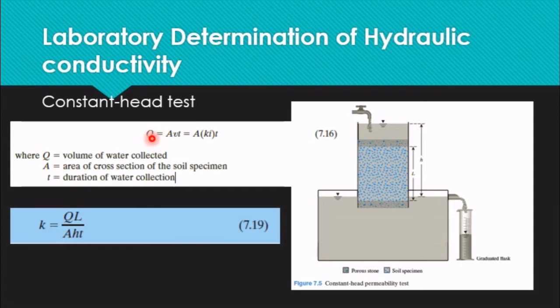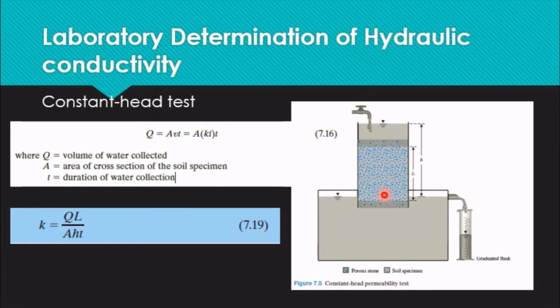So, Q is equal to A times the discharge velocity times time, where A is the cross-sectional area of the soil specimen. So, kung bilog itong permeameter mo, yung cross-sectional area niya ay ito. Dapat perpendicular dun sa flow ng water.